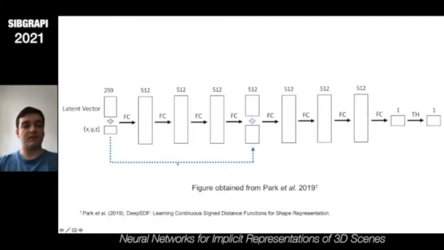This is fed into the network, and then there is a skip connection to the 4th layer. Park explains that this enabled better results for deeper networks, such as this one with 8 layers. This result is then fed into the network, and at the last layer, a hyperbolic tangent nonlinearity is applied to the result in order to obtain the SDF value.